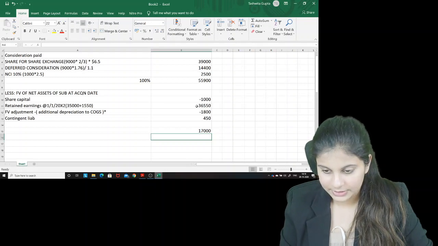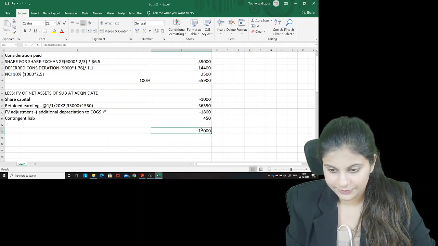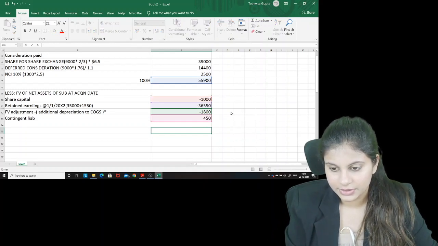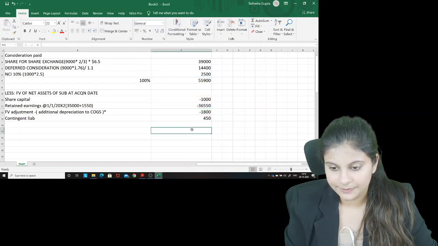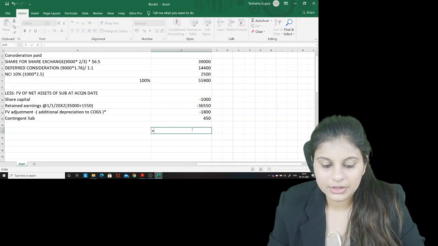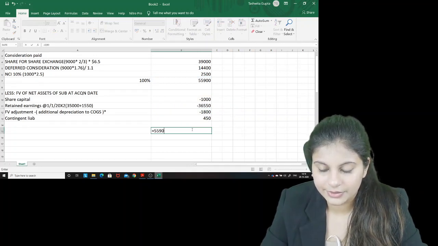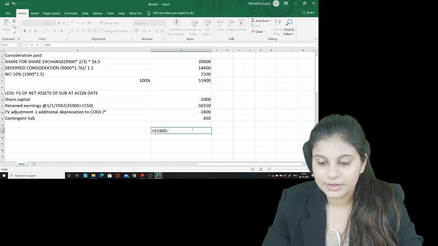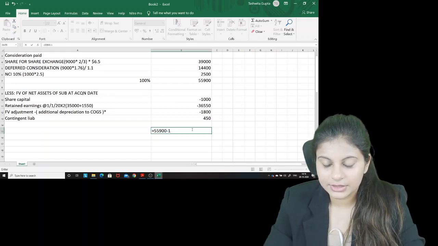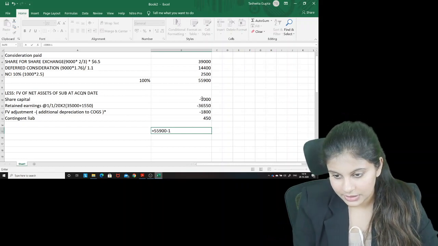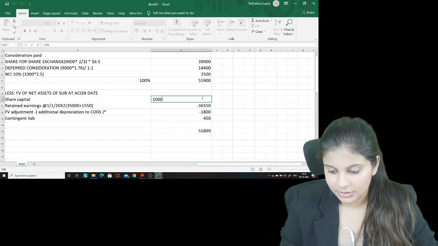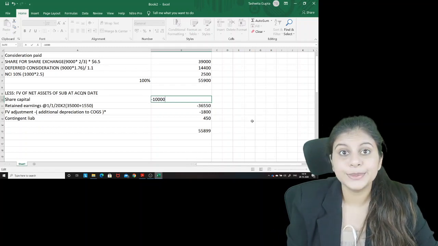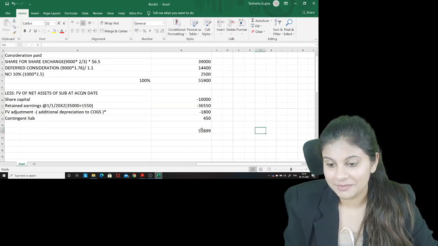Okay, there's some error here. Just a second. Okay, so just for your clarity, it is 55,900 minus, it's not 1,000, it's 10,000. That's the mistake. Don't make this mistake in the exam.